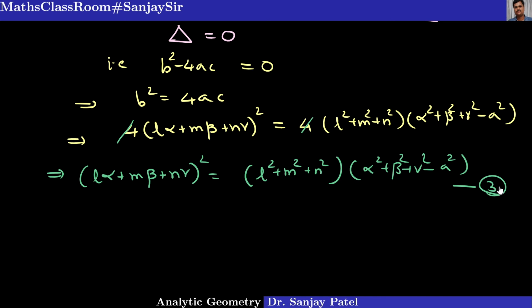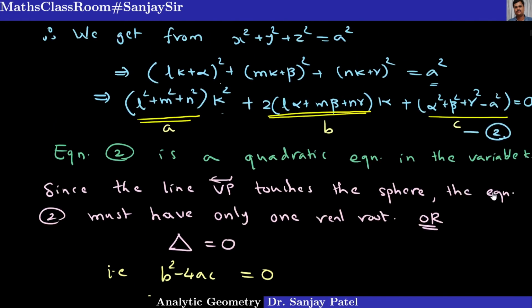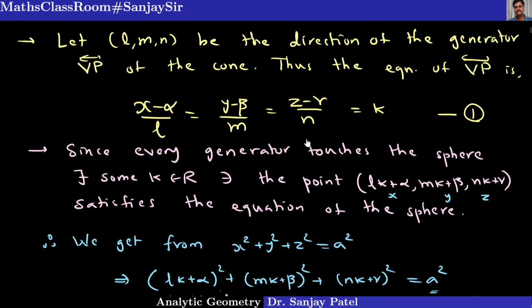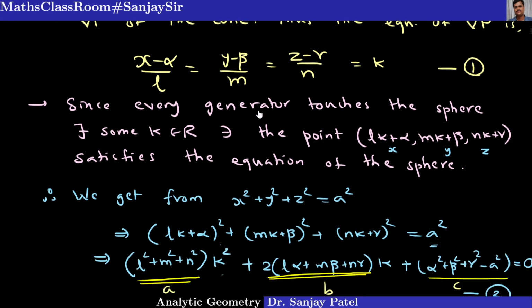Now we eliminate these arbitrary parameters L, M and N between equation 3 and the equation of the line, which is given by equation 1. And as we know, to eliminate L, M and N between the equation of this generator and the given condition number 3, we just replace L, M and N by the numerators x minus alpha, y minus beta and z minus gamma. That makes the thing simple.